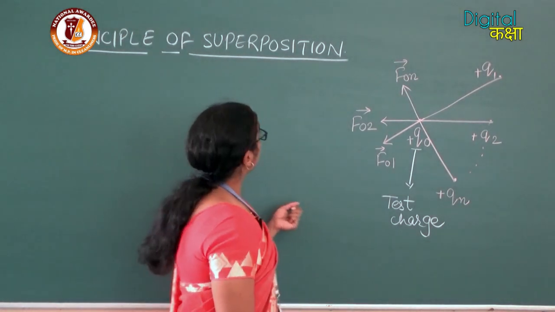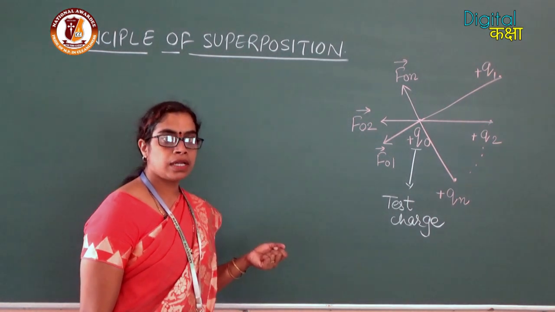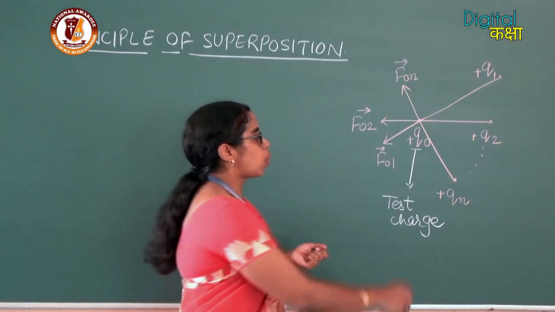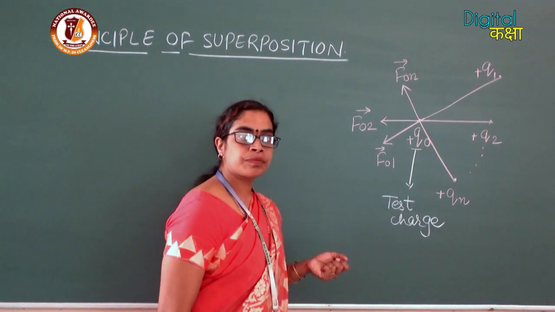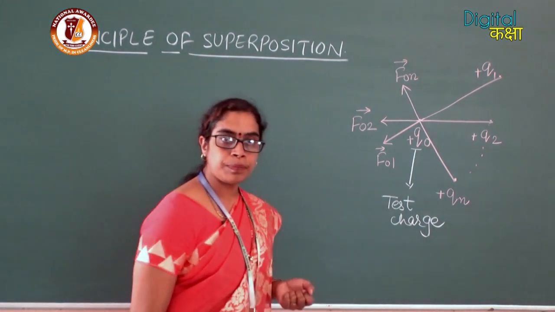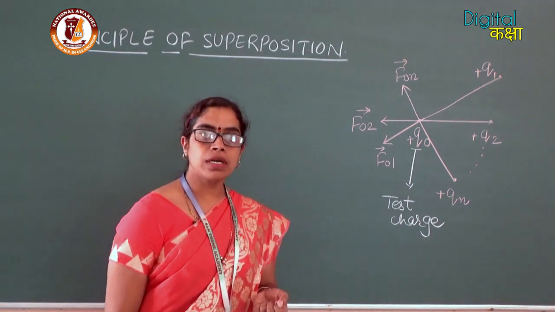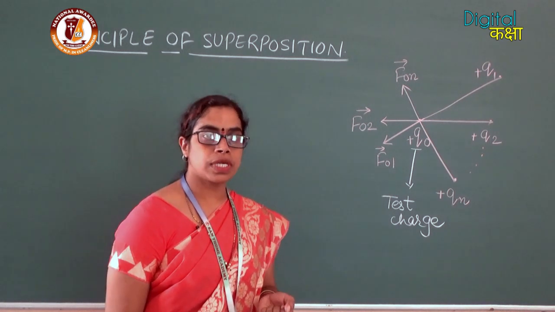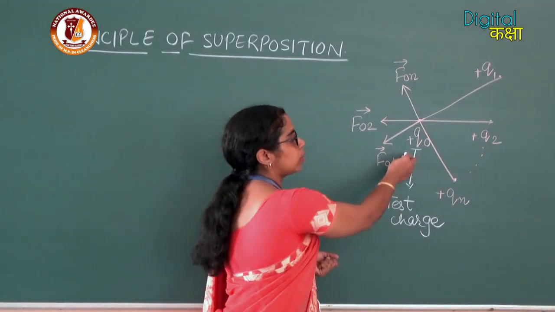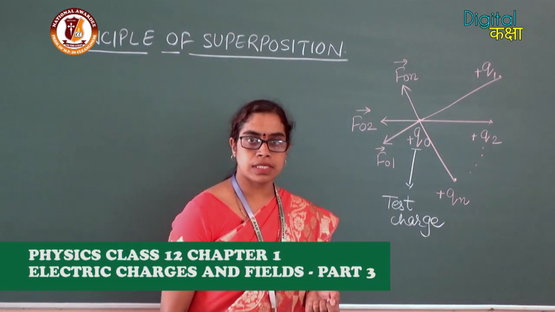Now, the statement for principle of superposition states that the resultant force on the test charge due to the other charges present in a system is equal to the vector sum of the forces exerted on that charge due to all these charges.